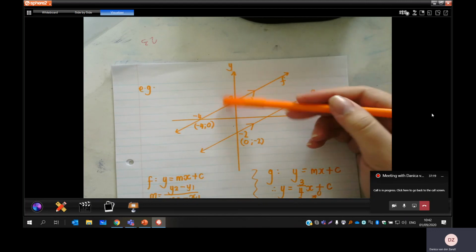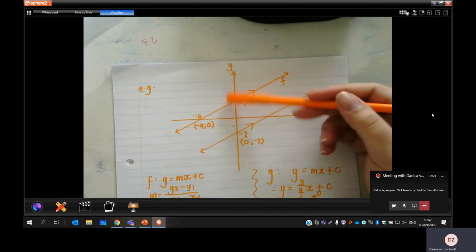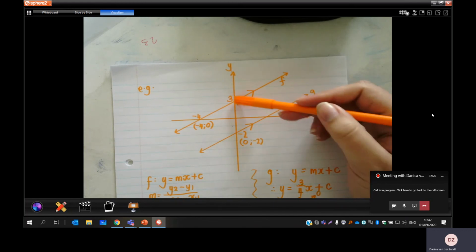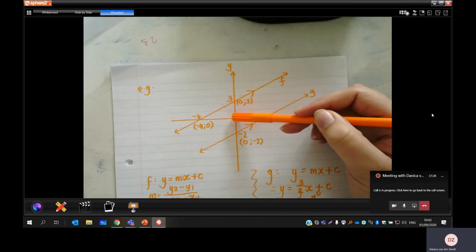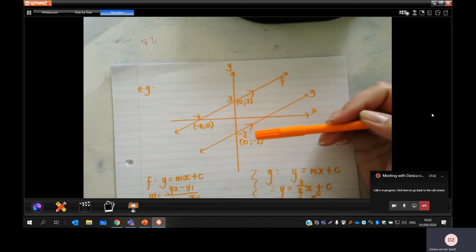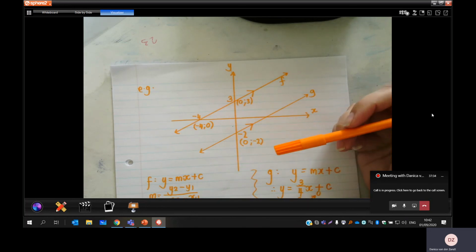Because I went from positive 3 in the y to negative 2 in the y. So I had to shift 1, 2, 3 units to get to 0, and then another 2 units to get to minus 2. So how many units did I shift in total?